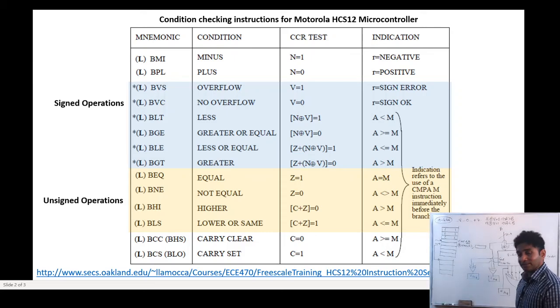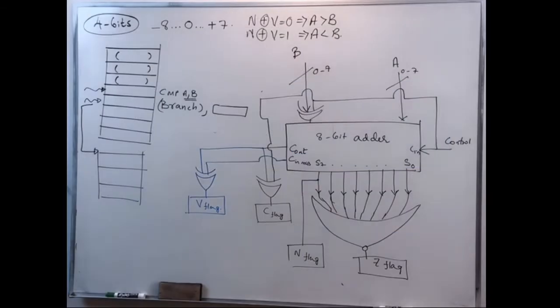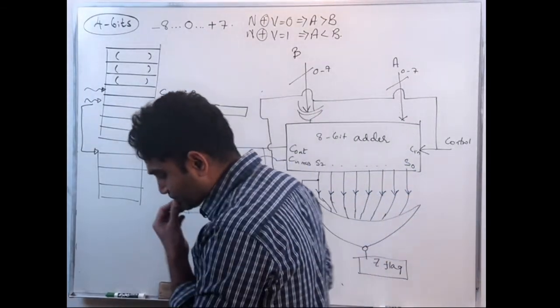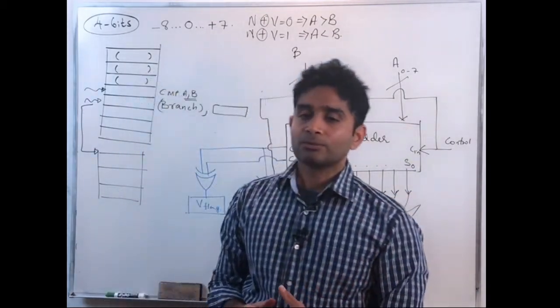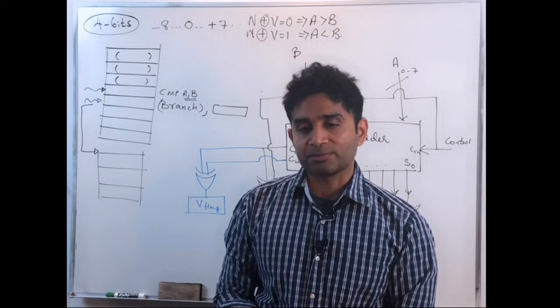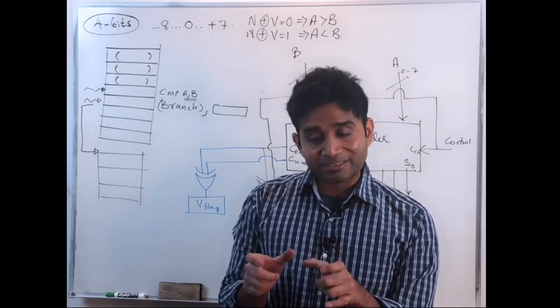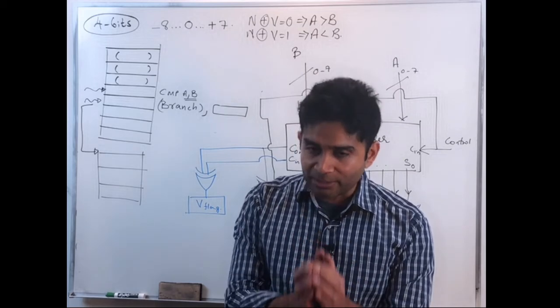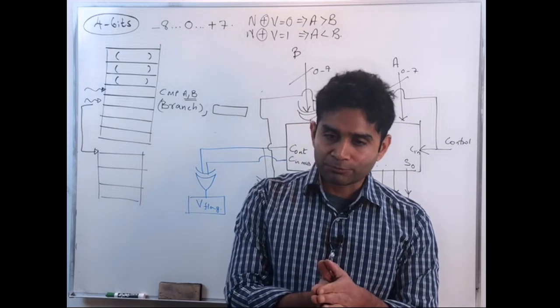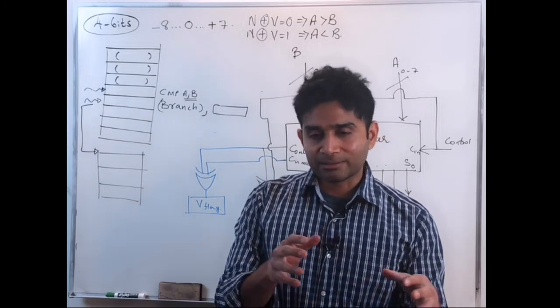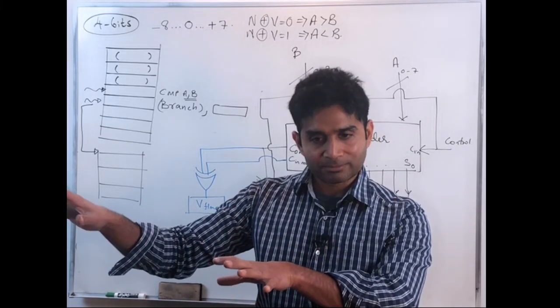So to summarize, it is the programmer who gives value to those numbers. How? Through the instruction codes. You have a separate set of instructions that are used when testing for signed numbers.